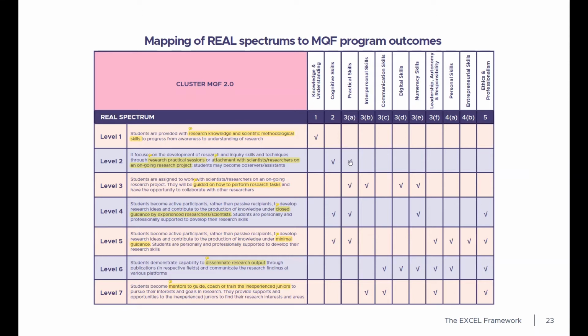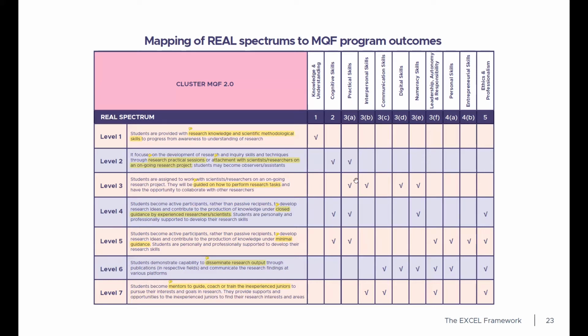And when it comes to level 3, students are assigned to work with scientists and researchers on an ongoing research project. They will be guided on how to perform research tasks and have the opportunity to collaborate with other researchers. So here, we are looking at more functional skill of the MQF.